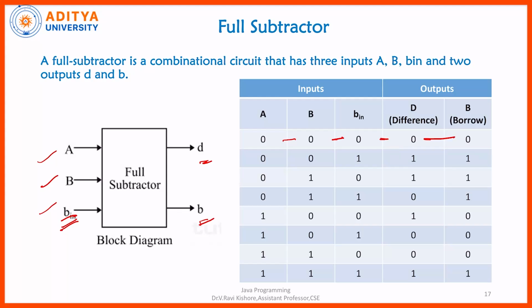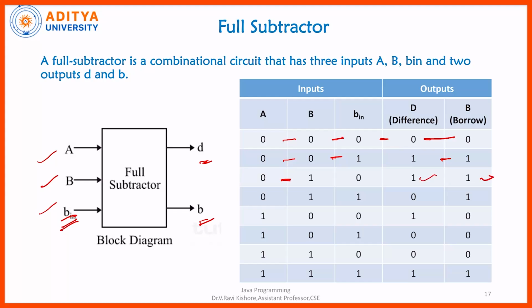So 0 0, the difference is 0 and the borrow is also 0. Coming to 0 with 1, that means 0 minus 1, that is 1 1. So the difference is 1 and the borrow is also 1.